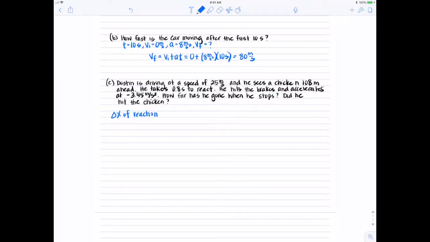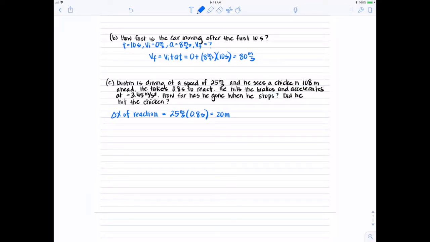Okay, so Dustin takes 0.8 seconds to react, which means that he is driving at his constant speed of 25 meters per second for 0.8 seconds. So 25 meters per second times 0.8 seconds is 20 meters. So he goes 20 meters before he even presses on his brakes.